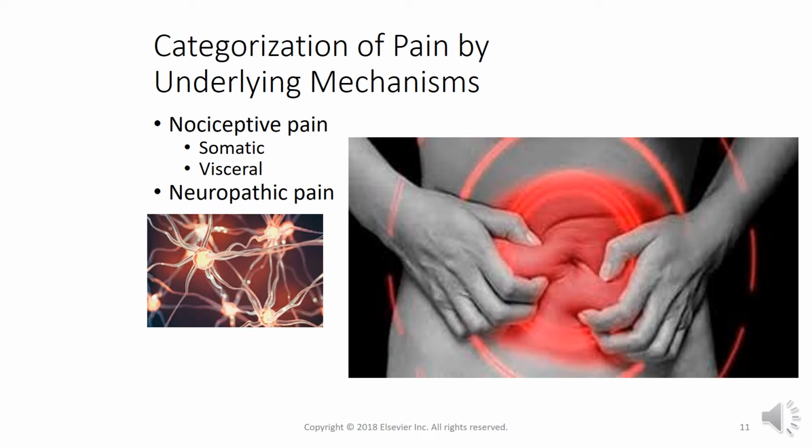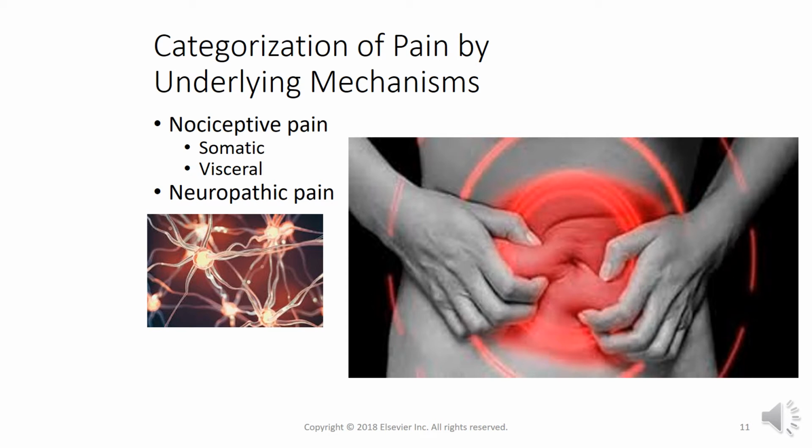Then we also have somatic pain. This is when pain receptors in tissues are activated. So this is your skin, your muscles, your skeleton, your joints, your connective tissue. That's one type of nociceptive pain, somatic pain.